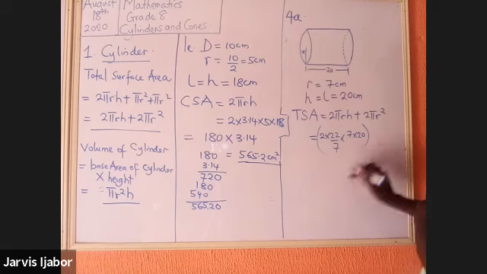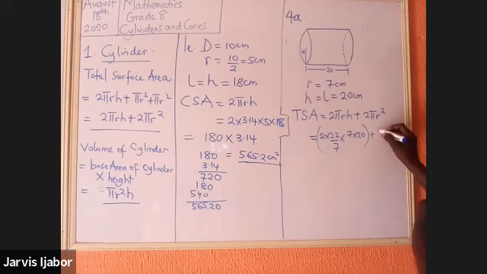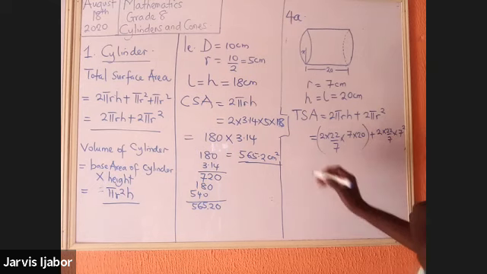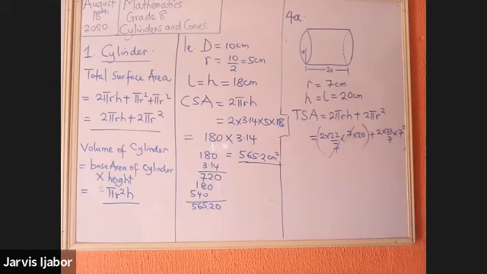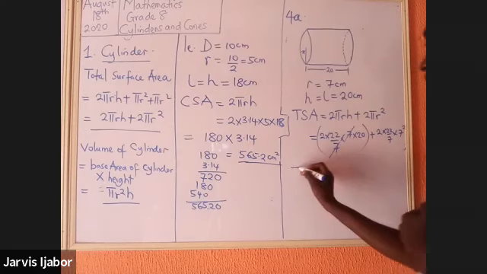Okay, let's see if this space can take what I want to do. 2 times 22 over 7 times 7 squared.